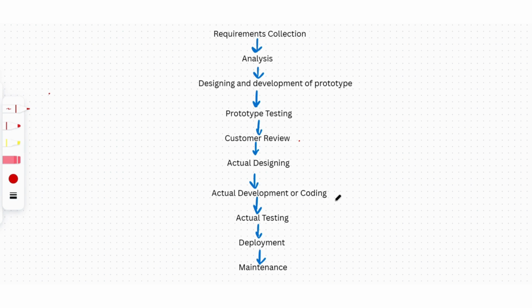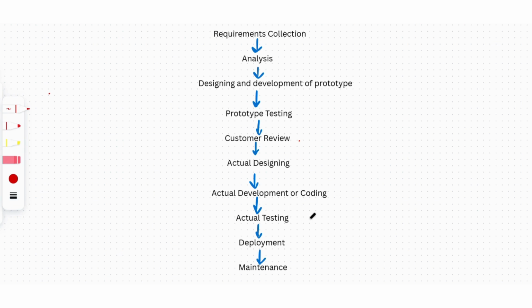In this stage, the developer writes the code by referring to the SRS document and the designing document. The code written by the developer has n number of lines. That code is called source code.